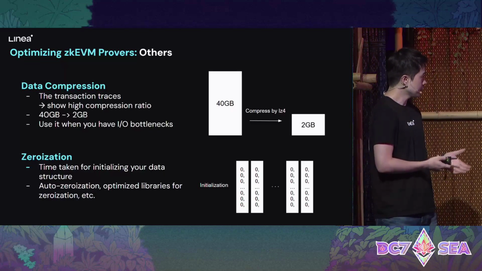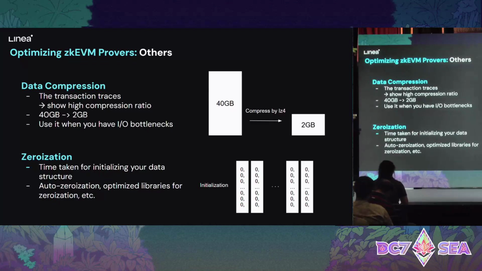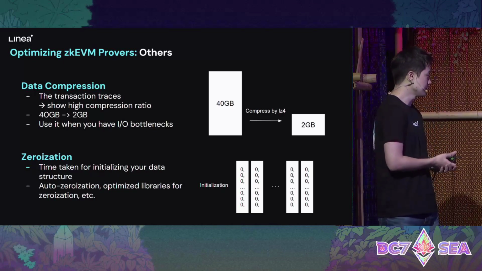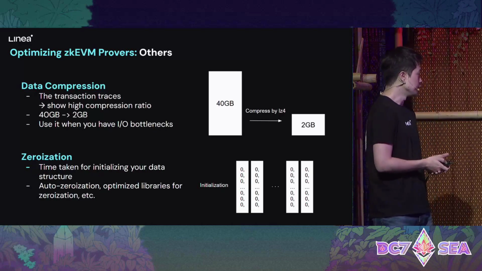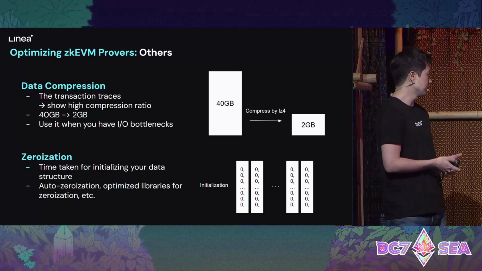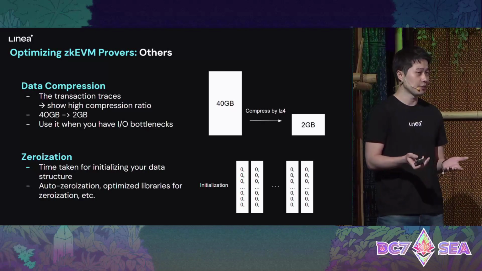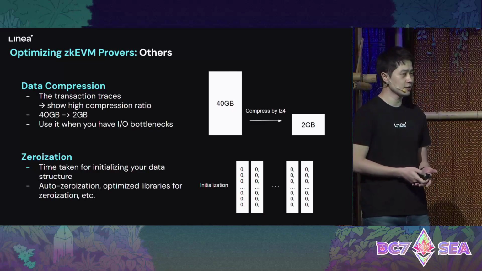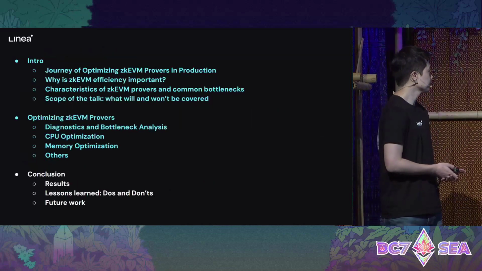And zeroization is the time you spend on initializing your data. Because we are dealing with very large data sets and data structures, sometimes the time taken for initializing your data is a lot. So you might need auto zeroization supported by your language, or use optimized or low-level libraries for zeroization.